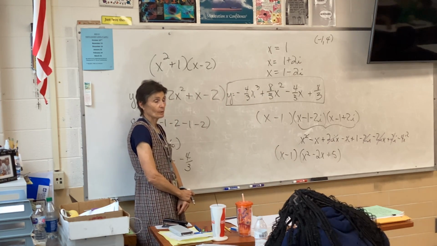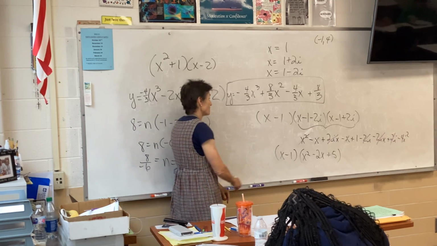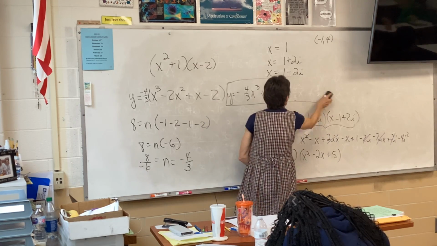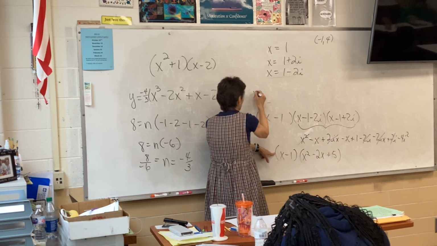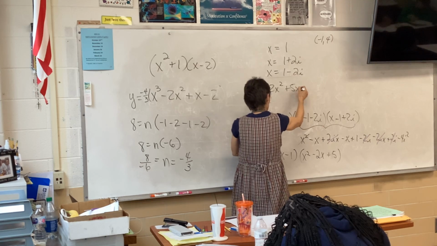Now you get to do it one more time, times the x minus 1 now. So I'm gonna get x cubed minus 2x squared plus 5x.